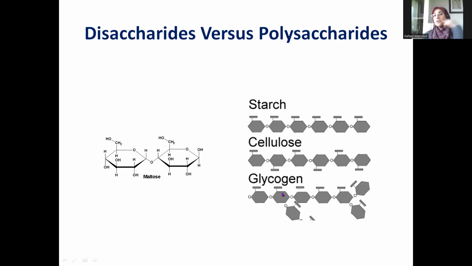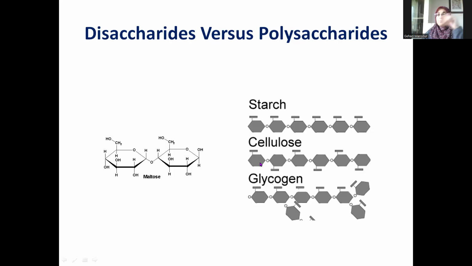So glycogen is not at all digested in the mouth cavity, although it is a polysaccharide like starch, because it is more complicated.